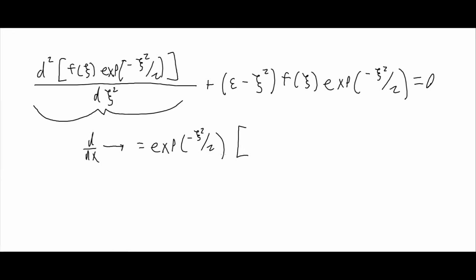And so this was just from using the product rule. So we have a product of this function and this Gaussian function, this exponential here.